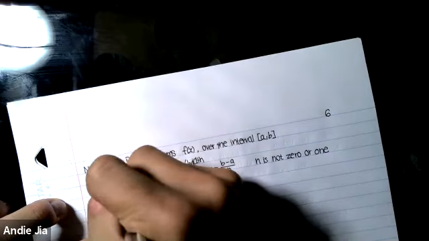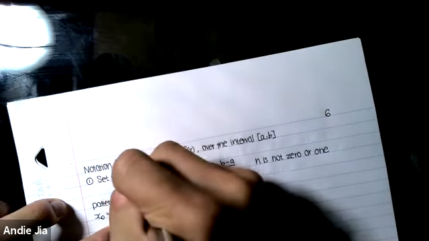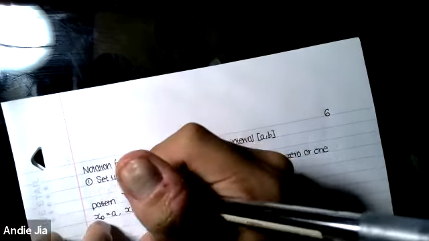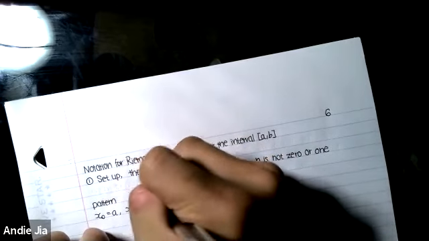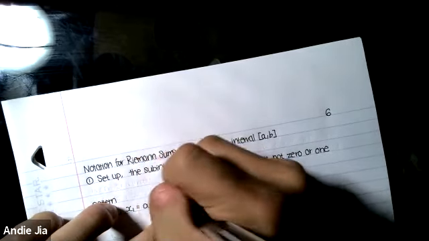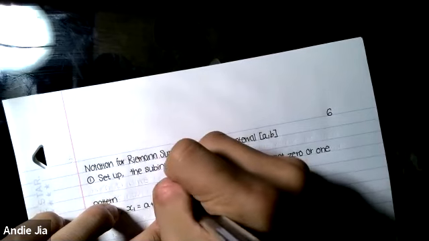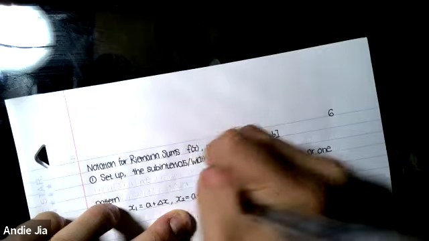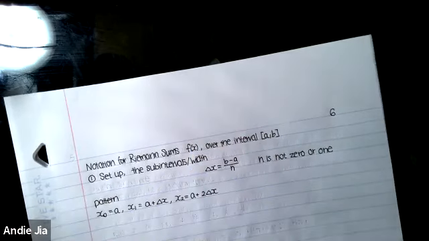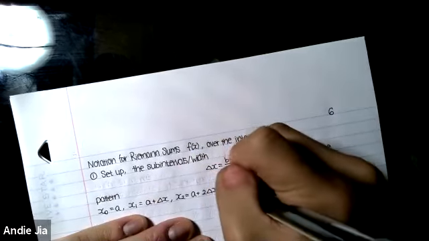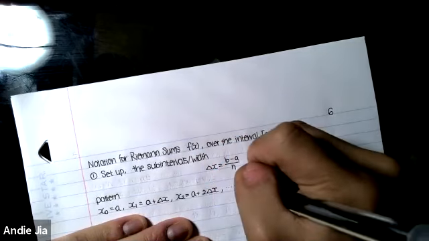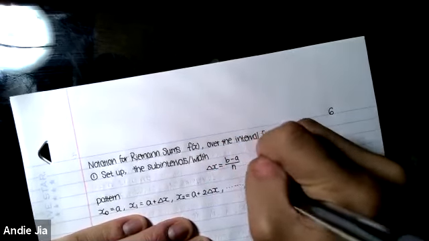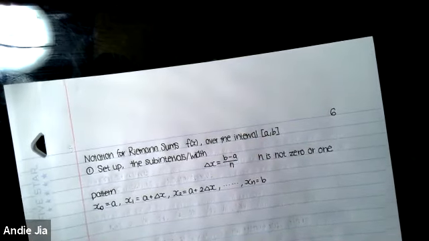Then x1 is a plus delta x. x2 is a plus 2 delta x. And then xn is b, the upper bound of the interval.